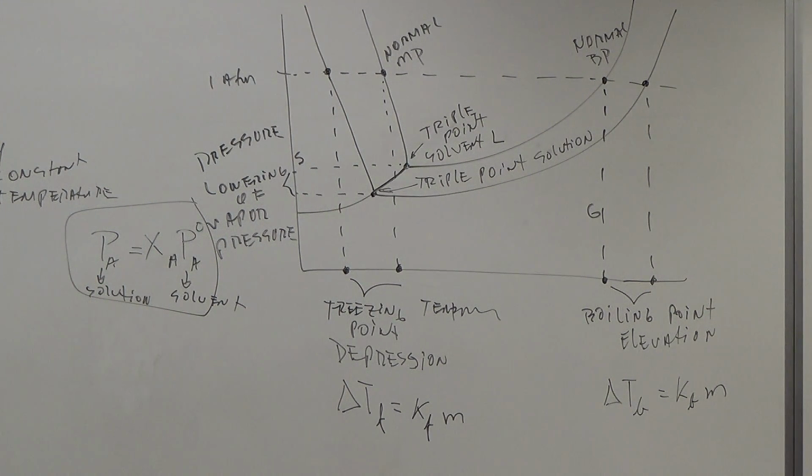Those are the 4 examples of colligative properties. Write them down. The 4 examples are lowering of vapor pressure, freezing point depression, boiling point elevation, and osmotic pressure increase.